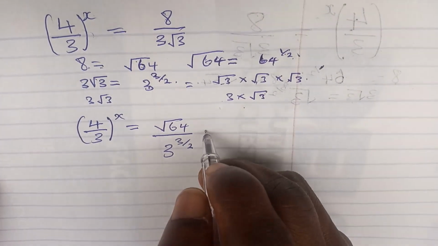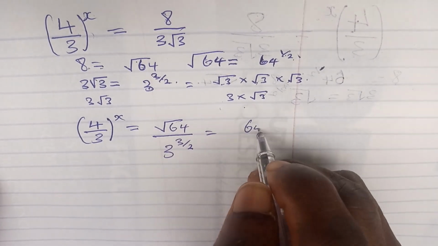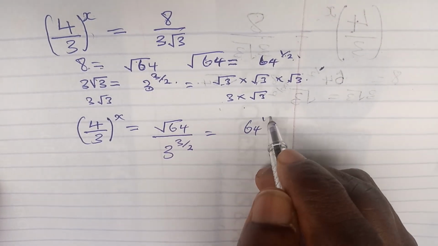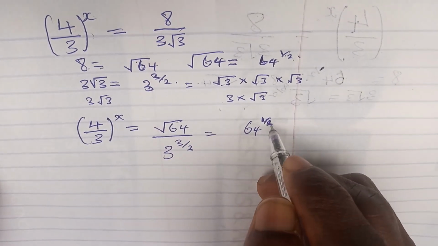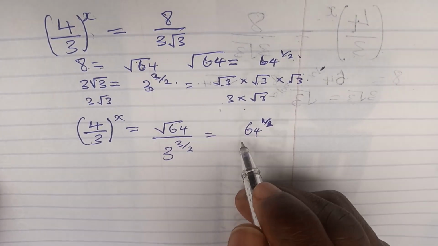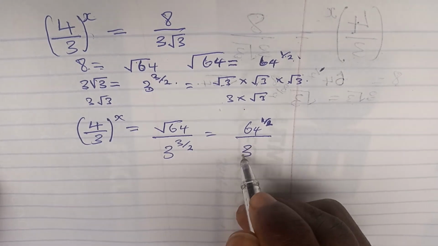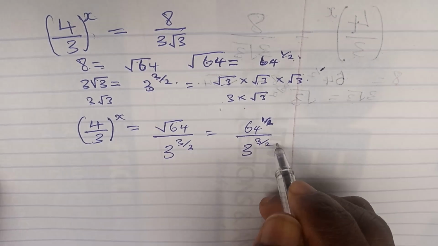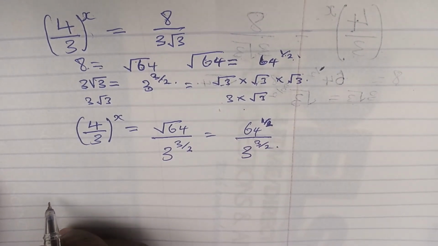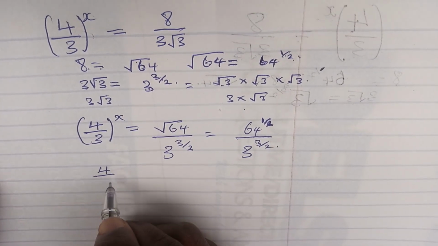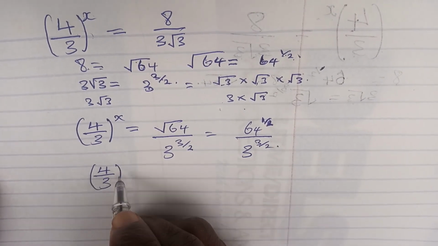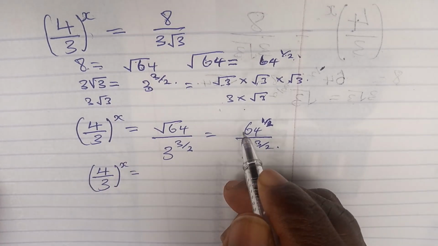In other words, I can say this is also equal to 64 all to the power of 1 over 2, all over 3 to the power of 3 over 2. So we now have (4/3) all to the power of x equals this.